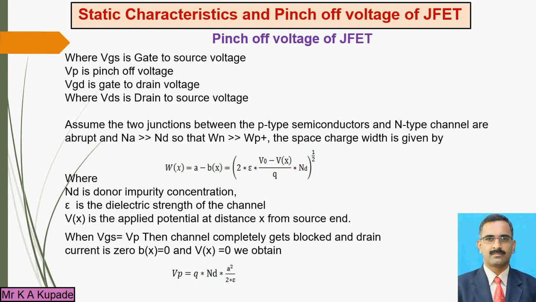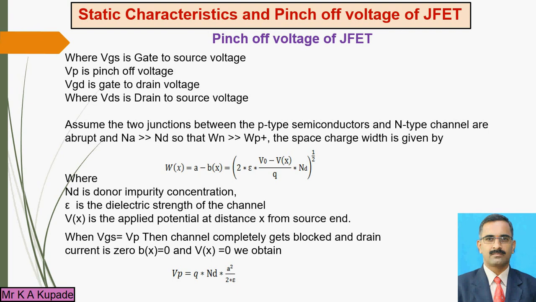Considering this condition, where VGS is equal to VP, it might be said that ID is equal to 0, but that is not happening, because initially there is some current, IDSS, which keeps the JFET at a constant current for some VDS value, and after that the breakdown may happen.